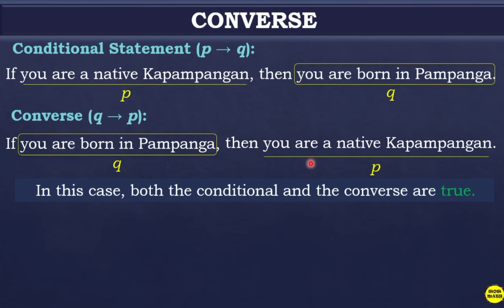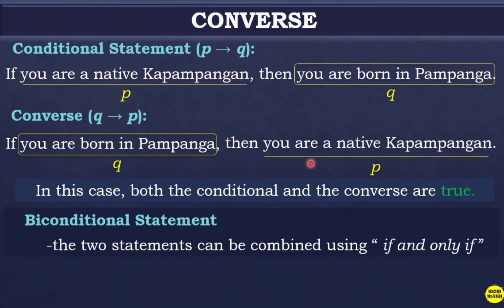So, ano ba ang ibig sabihin? O kapag binigyan ka ng conditional statement and then ang converse niya, kinuha mo yung converse niya at pareho silang true, dito po papasok ang concept ng biconditional statement. Ano nga ba itong biconditional statement?